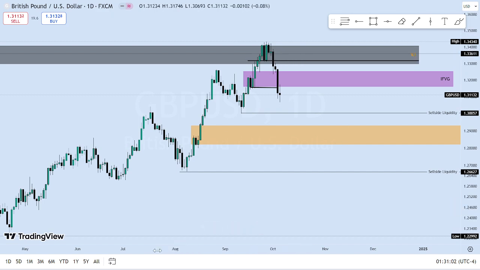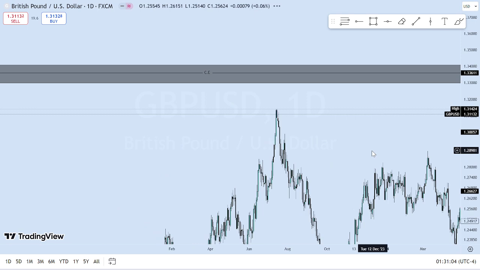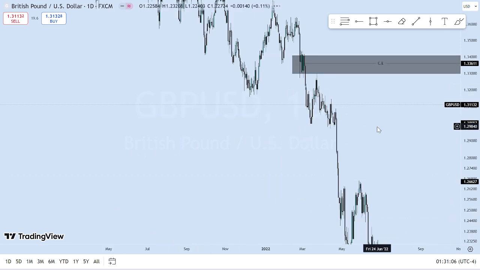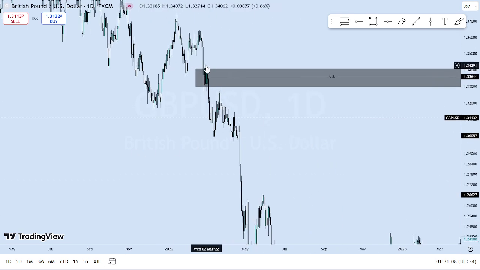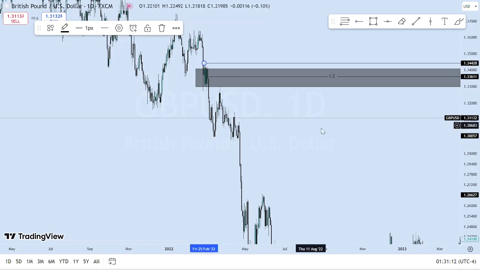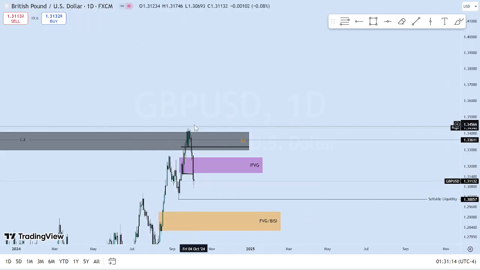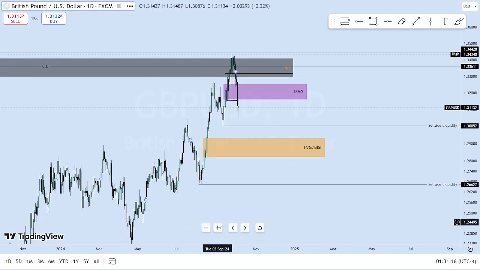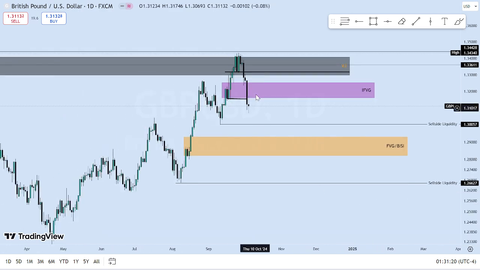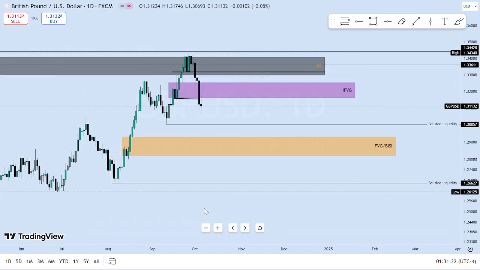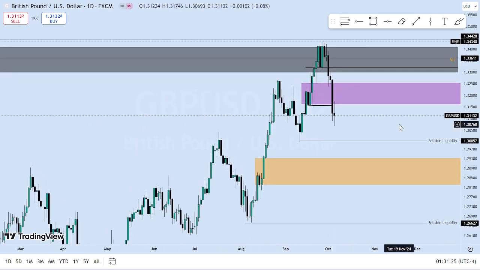You can see in daily here, in daily, here is a buy side liquidity. That's close candle, almost higher high, equal highs. So we are seeking out liquidity or inefficiency resting below price.